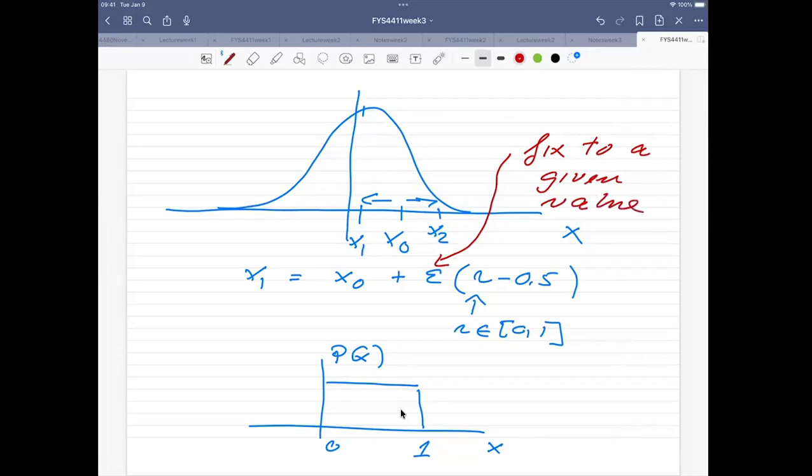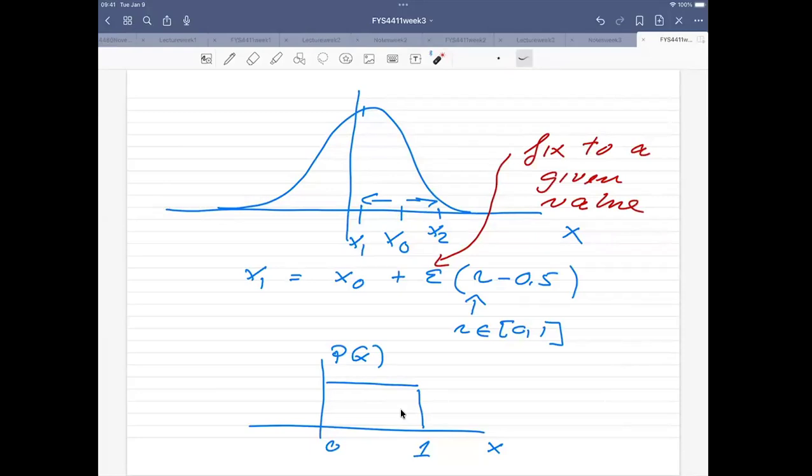The r values are selected according to a uniform distribution. So the way we are jumping in the space of all possible outcomes is not dictated by the way the probability distribution looks. So if I make epsilon very large, I could jump out of the region where I stay here, into regions where the probability distribution is equal to 0.